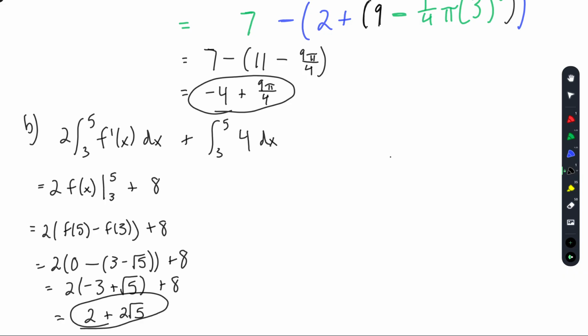It's not 8. F of 5 is 0. So it'd be 0 minus. No, that's the center. Yeah. Did you get it? Yep. Where is it?